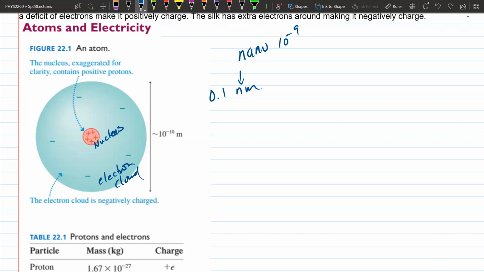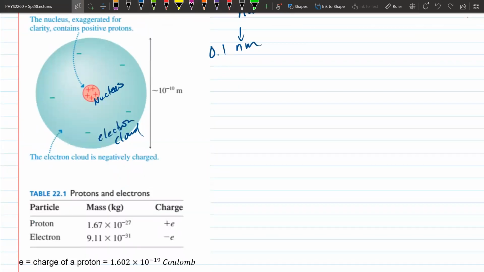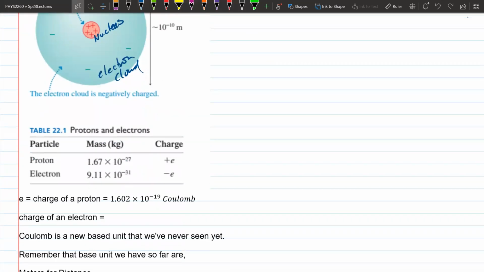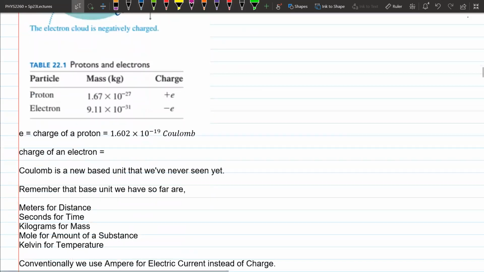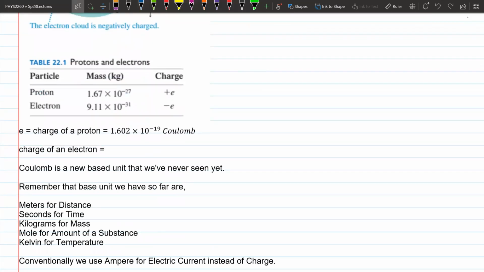Due to the fact that electrons are much lighter than the nucleus, when you're rubbing things against each other, the electrons are the ones that tend to move around. It's just a lighter thing to move. You can move positive charge around, it just takes a lot more force. Especially if you compare the mass of a single proton to a single electron, and inside the nucleus there are actually multiple protons, maybe 10 or 20 of these in there.